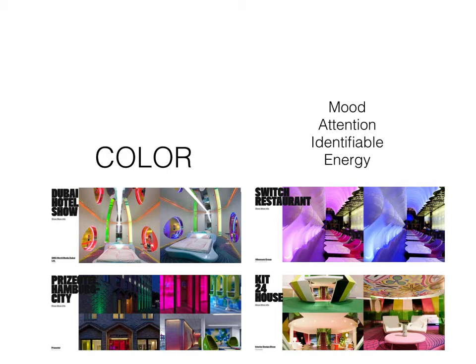Color affects the user's mood. It draws attention where you want it. It makes items more identifiable, and it creates energy for the viewer. And as we can see in the images of some of the design interiors that Karim has been involved with, he has a good mastery of color and the use of color.